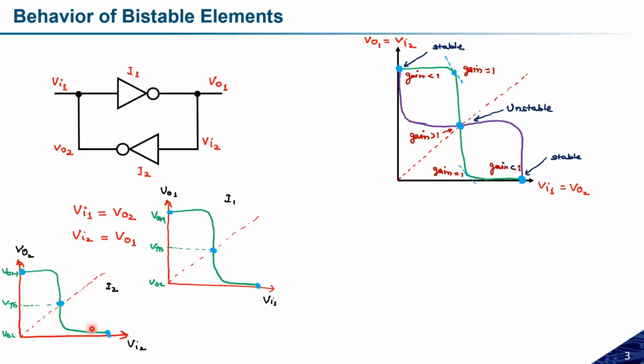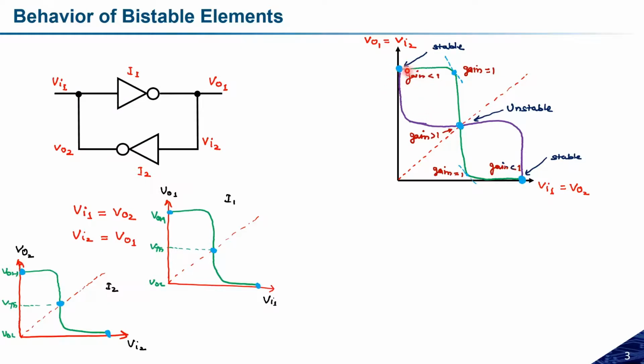Similarly, there are two stable points at logic high and logic low for the second inverter as well. So at this point, both the inverters will be in the stable state, because this point is stable for logic high for one inverter, and stable for logic 0 for the other inverter.